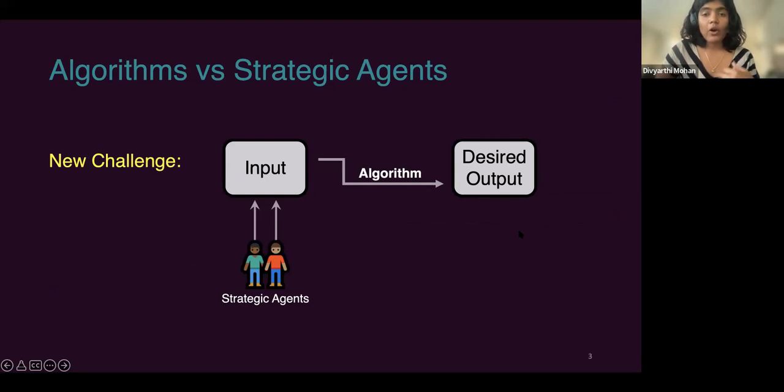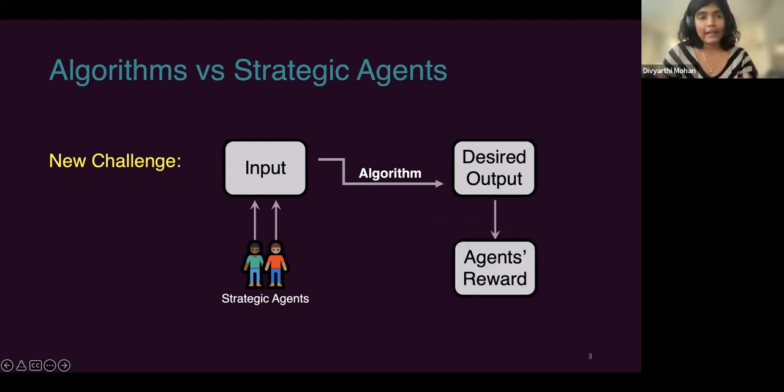Depending on the output, they get their own rewards or payoffs. So they might manipulate the algorithm to output a less desirable solution, even if that's not what the algorithm designer wanted, just so that they can get better rewards or payoffs.